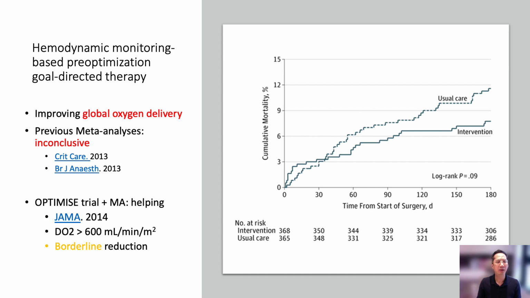They found that a DO2 of more than 600 milliliters per minute per square meter had a borderline reduction. As you can see on the right-hand side, the p-value is 0.09. The intervention group had less cumulative mortality than the usual care group.